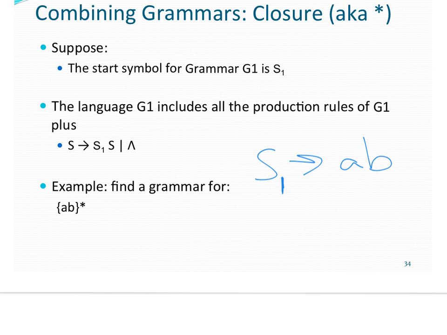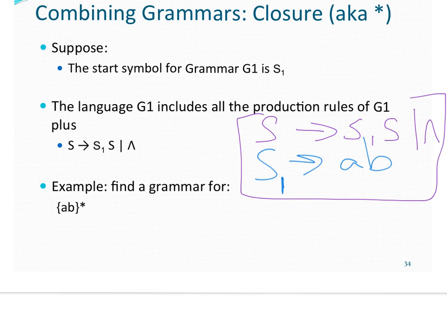We're just going to add a rule. We're adding the rule S, notice I'm putting it above because I want S to be my start symbol, goes to S1 S or lambda. And if you take these two rules together, I think you'll see that we have the grammar for AB star. Pretty cool, huh?